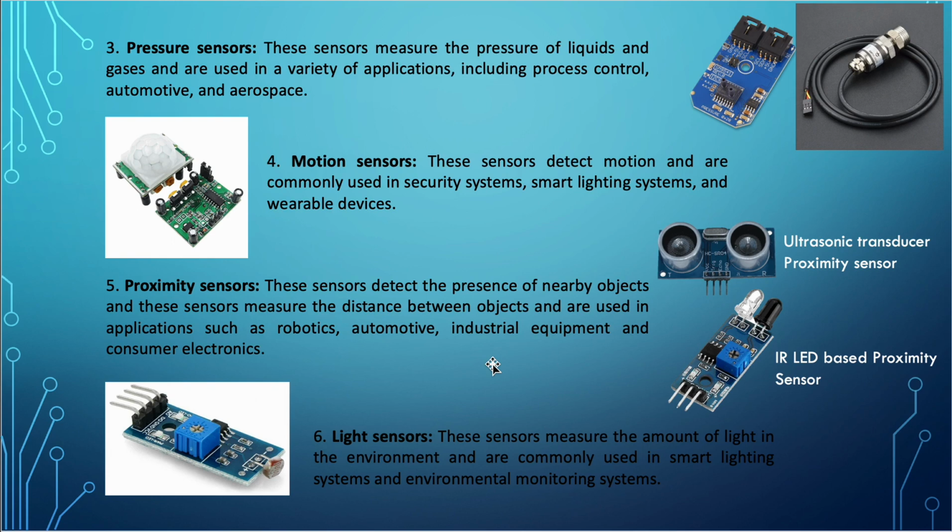So light sensors measure the amount of light in the environment and are commonly used in smart lighting systems and environmental monitoring systems. We talked about them extensively on this subject matter, with examples and applications as well.